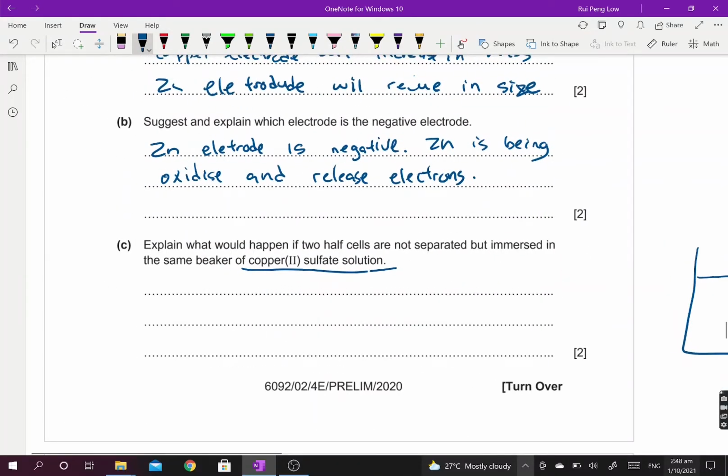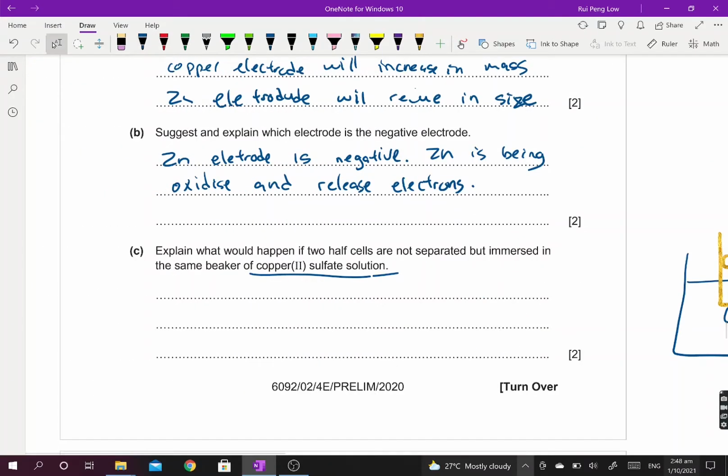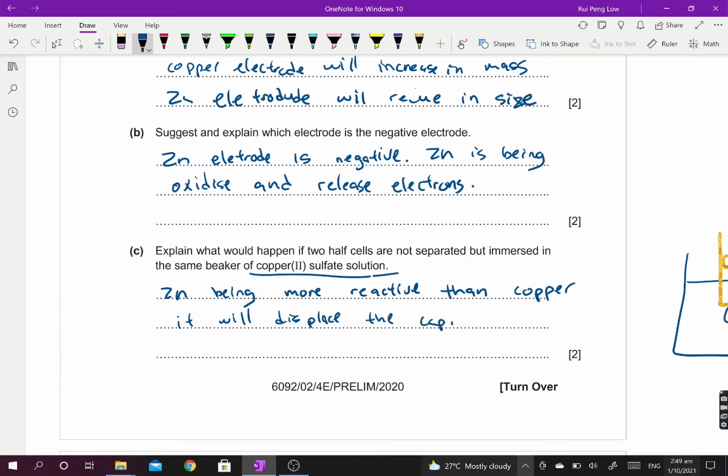So you will say that zinc, being more reactive than copper, will displace the copper in copper sulfate solution.